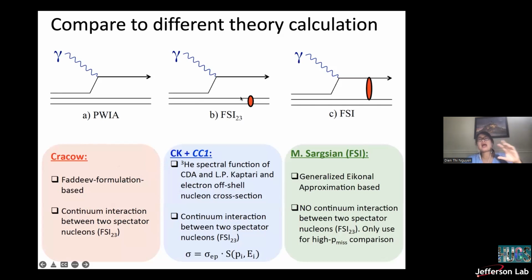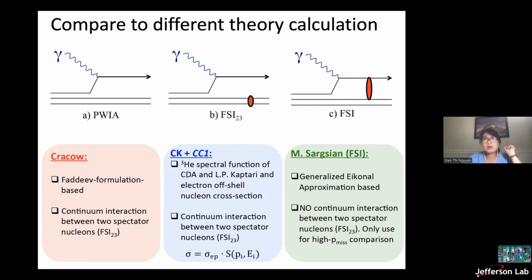For example, there are two different types of final state interaction added in these calculations. One is the interaction between the two spectator nucleons after you knock out the proton, or a final state interaction between the leading proton and the recoil system. So that is the calculation I listed here. They include different things.